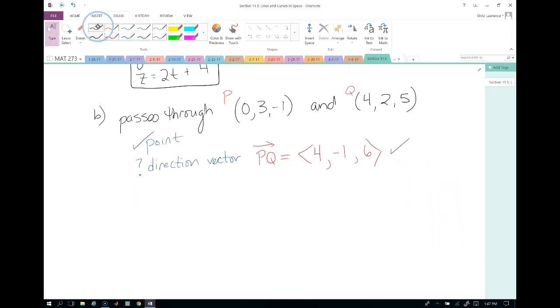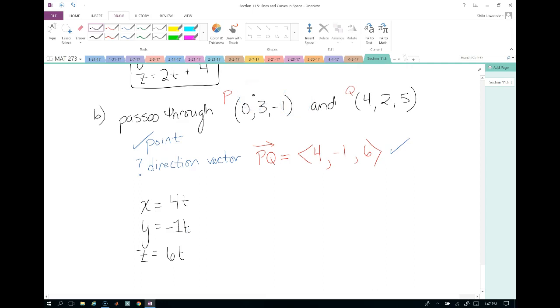And since we want parametric equations, we're going to have x equals, y equals, z equals. Remember, the components from our direction vector serve as coefficients because they describe change. And then when we go to do the constants in our line, you could use either one of those points and it would be correct.